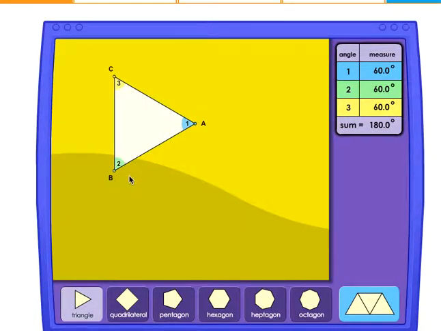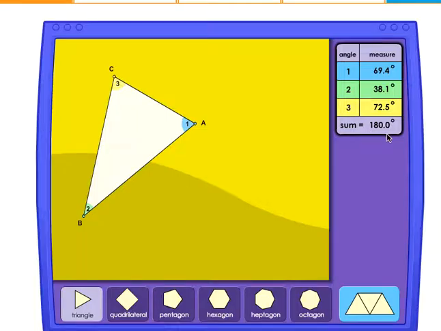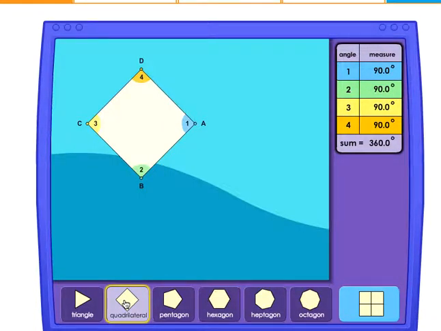So here we have a triangle. Each side and angle is of equal measurement, but you can drag one vertex and change that triangle into other different types. However, the only thing that is not being changed is the sum of angles, which is 180 degrees. Now let's take a look at quadrilaterals, which are four-sided shapes.